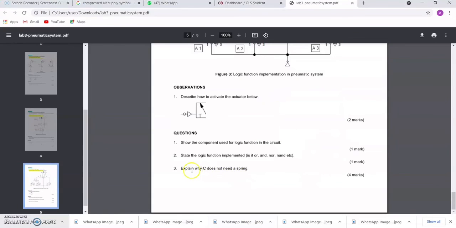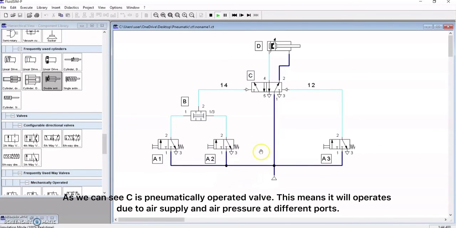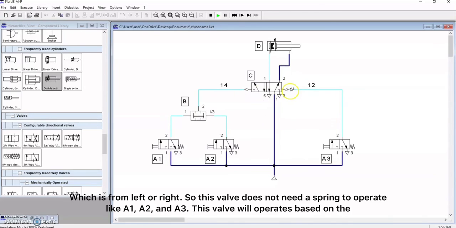Number 3. Explain why C does not need a spring. As we can see, C is a pneumatically operated valve. This means it will operate due to air supply and air pressure at different ports, from the left or right.